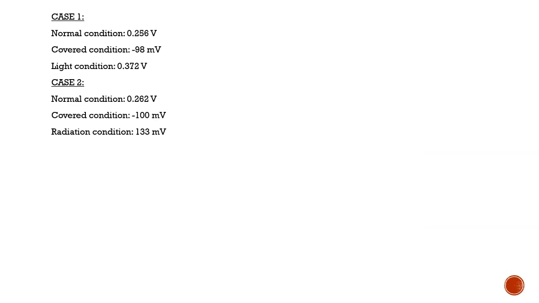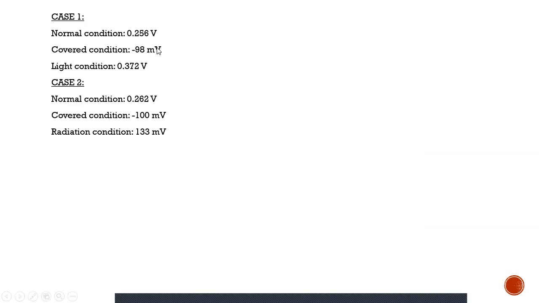In that condition, it will deliver around 133 millivolts. So from minus 100 millivolts to 133 millivolts, that's a huge difference. Even in light conditions it delivers 0.372 volts, but with radiation we can have 133 millivolts of power delivery.